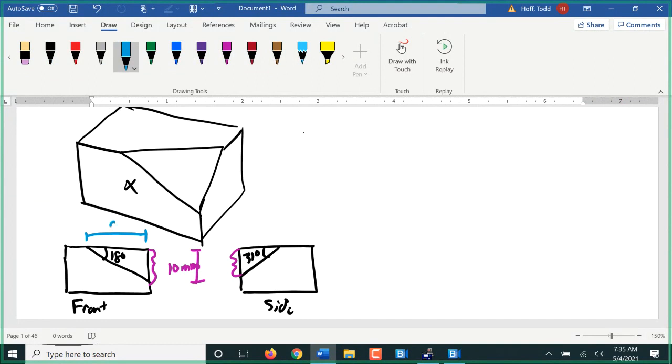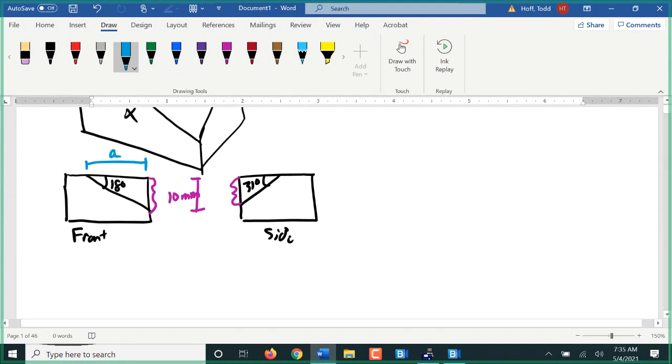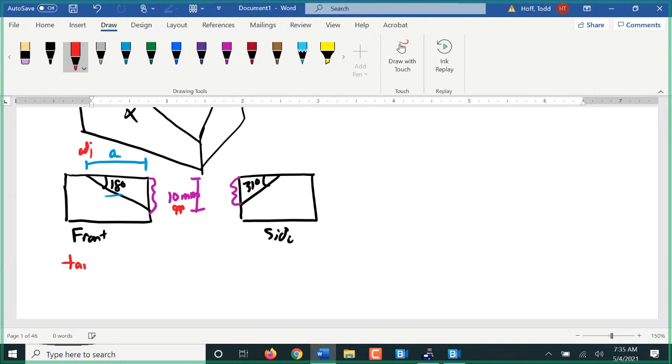So this dimension here, I'll call dimension A. Off of my 18-degree angle, the 10 is the opposite side. A is the adjacent side. So I'd be dealing with a tangent. Tangent of 18 degrees equals the opposite of 10 over the adjacent of A. We'll put that over 1 and we will cross, multiply, and divide.